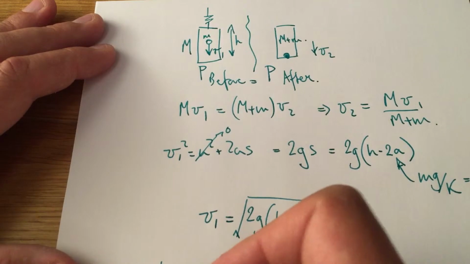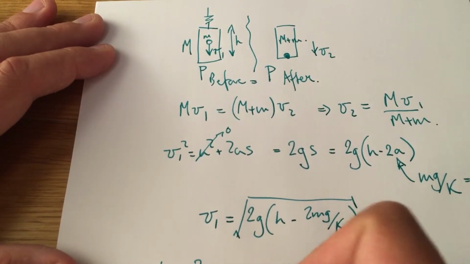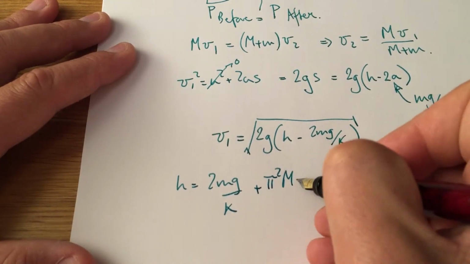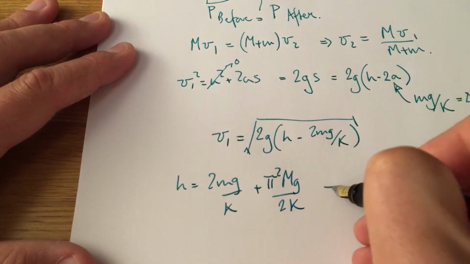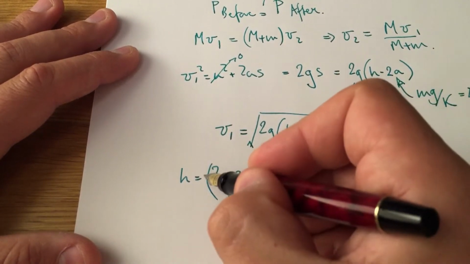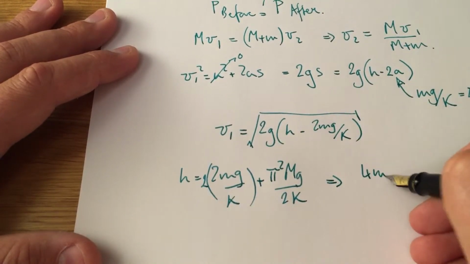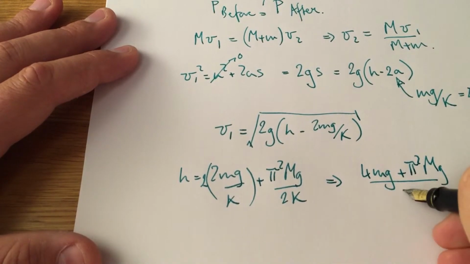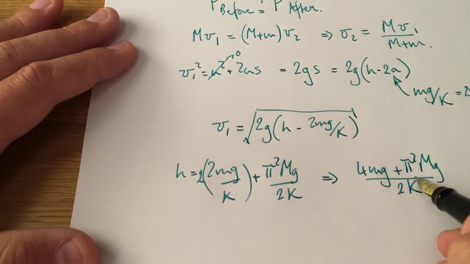We already know that h is 2mg over k plus pi squared mg over 2k. Algebra, here we go. Multiplying this side by 2 gives us 4mg plus pi squared mg, making a common denominator, which I've done.